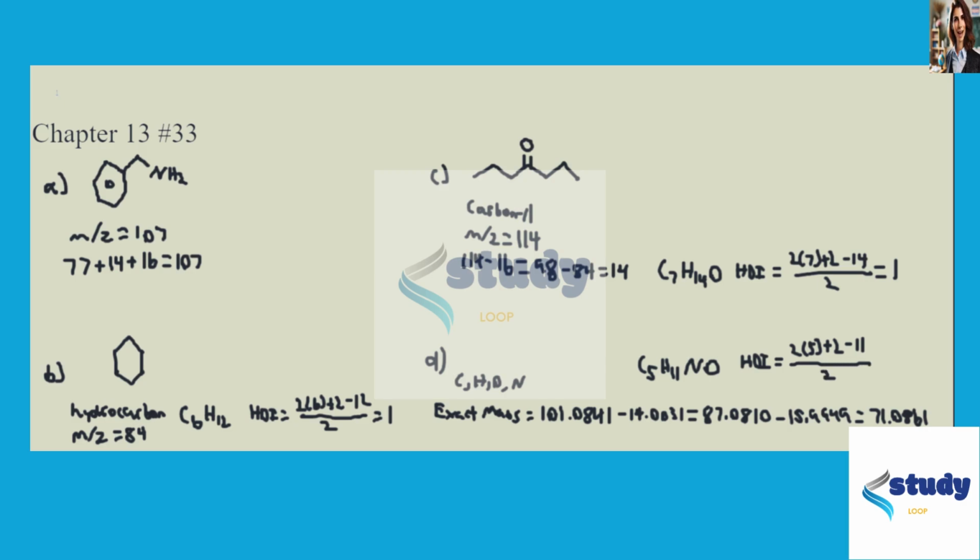So in this case, because we have 1 nitrogen, we need to add 1. So it's plus the number of nitrogens. And so that is going to get us to 12 minus 11 plus 1 is 2 over 2 is 1. So we have 1 ring or 1 double bond here.